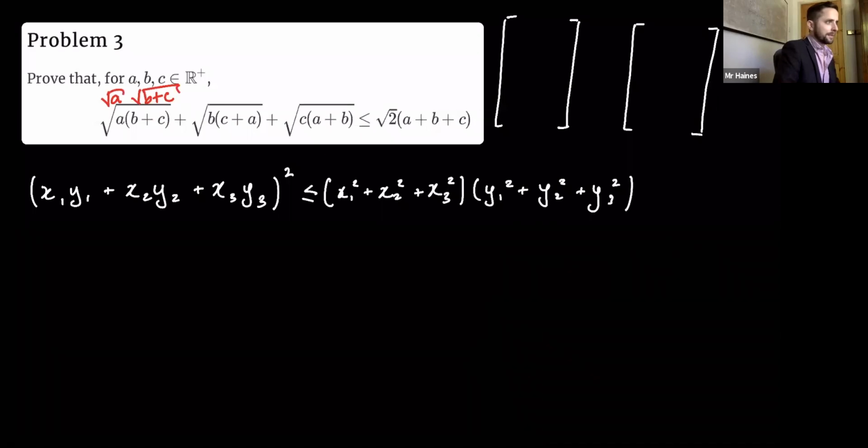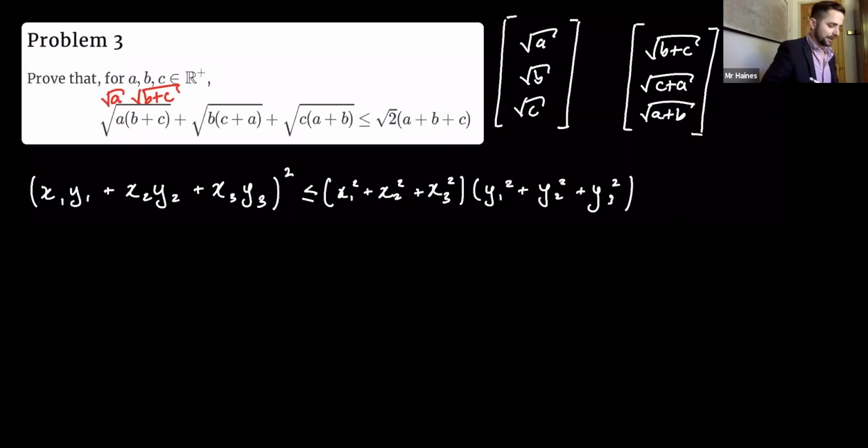I'll skip back to problem 1 because you think you might have spotted a mistake. Yeah, you guys have picked up the Cauchy-Schwarz inequality so fast. This is great. So root C plus A and root A plus B, like this. Yes, okay. All right then.